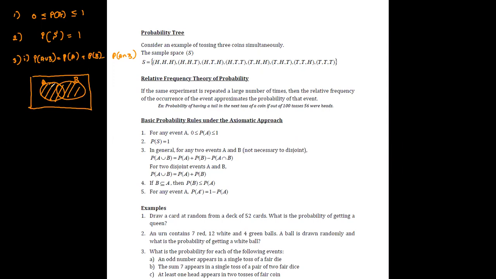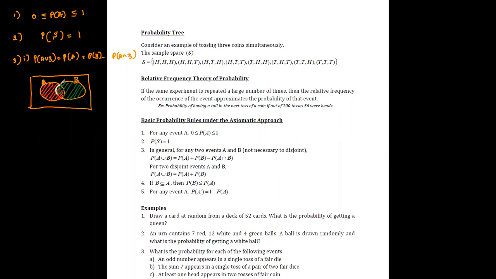Now, how can we get the probability of this A union B? We can get it by adding this part completely. Now go for A, and if you consider combining this, or coloring this, with the event B, you can see that there is one part which has already overlapped.